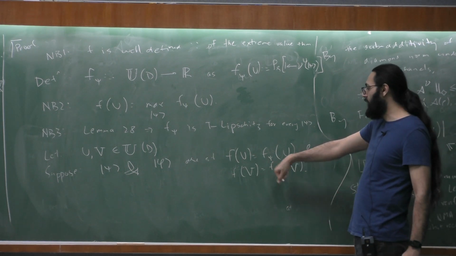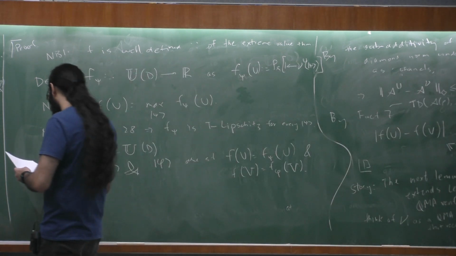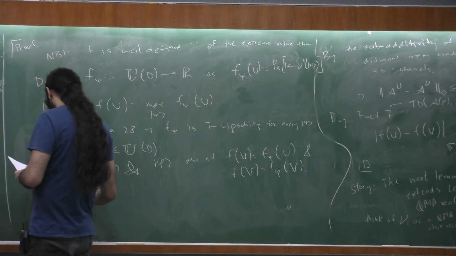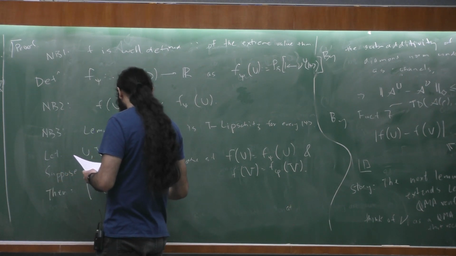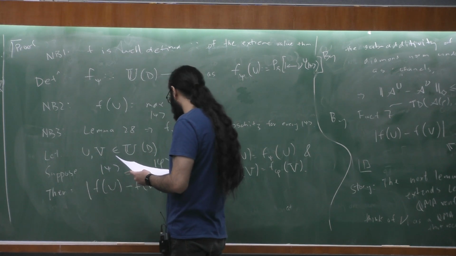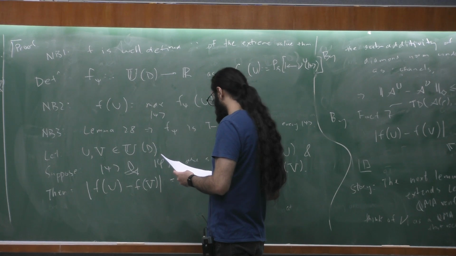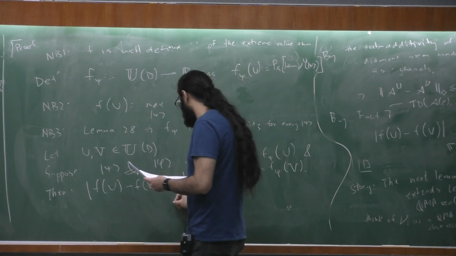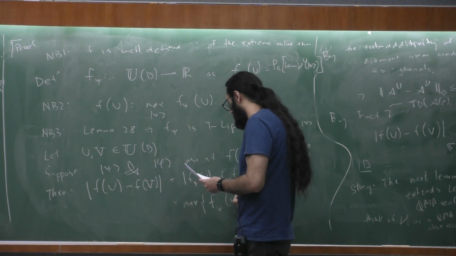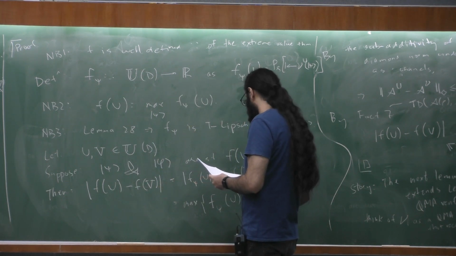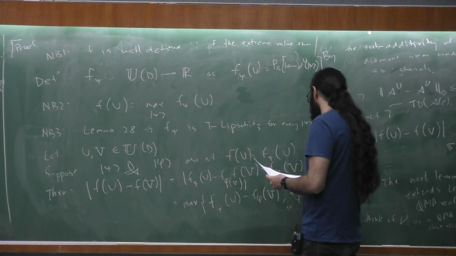They may not be the same, that's the point. So I'm calling one of them psi, the other one phi, and then I can write f(U) minus f(V) as f_psi(U) minus f_phi(V), which is the same as taking the maximum over f_psi(U) minus f_phi(V), and then the other way, f_phi(V) minus f_psi(U).